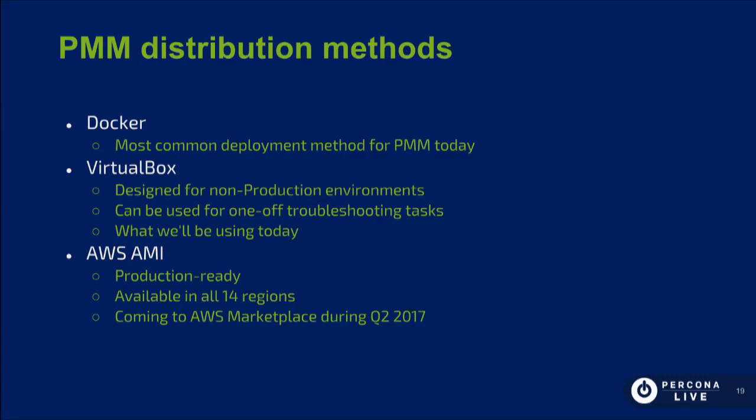Yesterday we did a workshop, and we used VirtualBox images because it's much easier, and you don't need additional work to install. We also have AWS AMIs, and probably in a month or so our images will be available on AWS Marketplace. For now it's only AMI images in all regions.